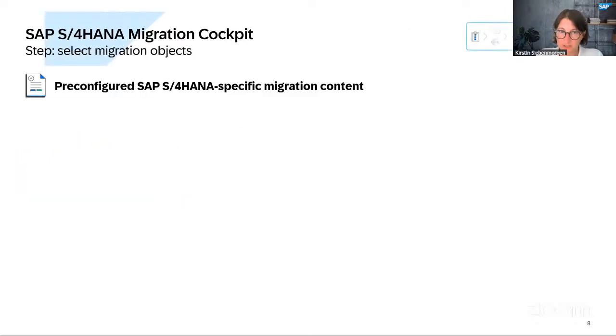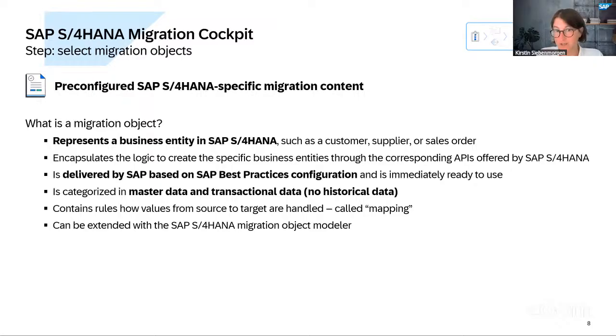I already mentioned that we have a pre-configured SAP S/4HANA migration content. So what does that mean? Well, we have migration objects, and they represent a business entity in SAP S/4HANA, such as the customer, the supplier, or sales orders. And it encapsulates the logic which is needed to create these business entities through the corresponding API. It's delivered by SAP based on the SAP best practices configurations, and you can use them immediately.